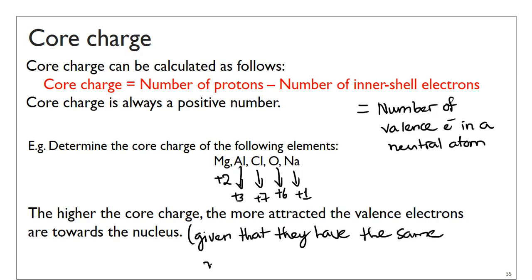I think it's very important to emphasize this point. Unless the number of shells are the same, you can't really use core charge as a direct measurement of the attractive force between the valence electrons and the nucleus. Same number of electron shells.